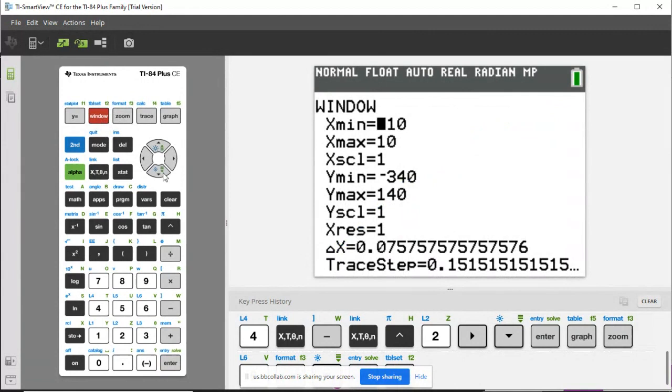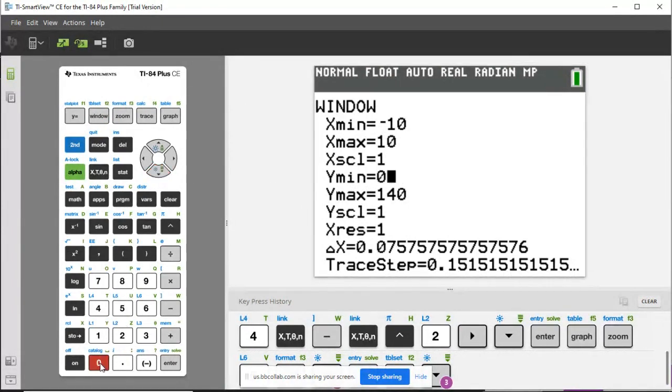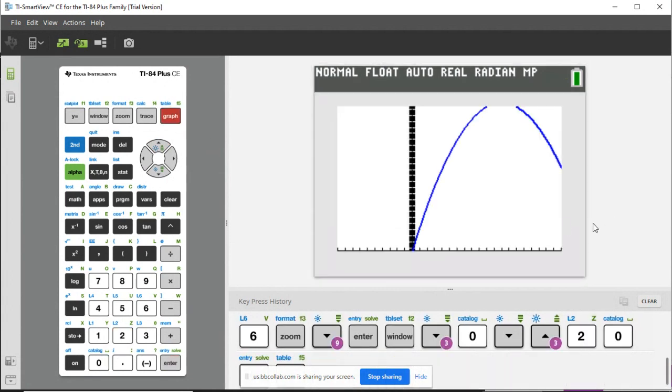Go to the window here. I'm going to set y minimum as 0 and maximum 140. But I want an x maximum like 20, because I want to see a little bit of the other side.